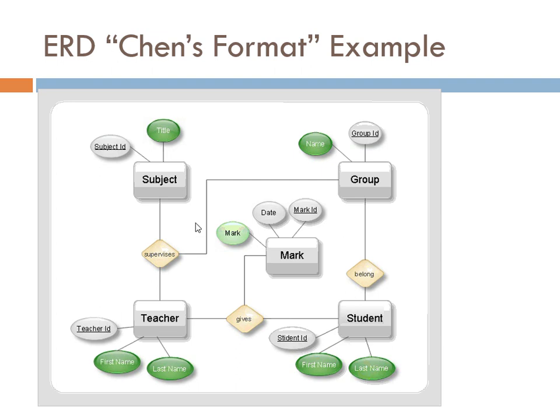Okay? And if it's entity and relationships, then we have relationships. And so it's saying there's a relationship between teachers and subjects because a teacher supervises subjects and a teacher also supervises groups. Students have a relationship with groups and the groups they belong to. Teacher gives, combined with the student's work and a teacher's assessment, that's what provides a mark.